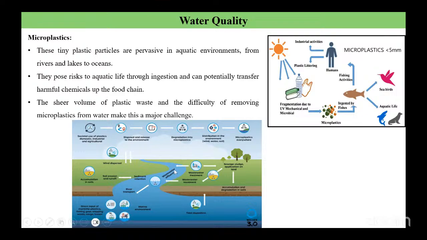If we look at the second image, wherever there is a possibility, these microplastics are entering everywhere. It starts from the societal use of plastics, domestic, industrial, and also the agriculture sector, where plastic usage is high, and due to the disposal and release into the environment, these plastics degrade and form microplastics.